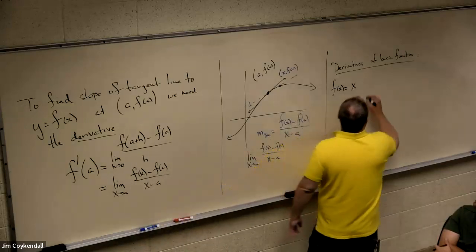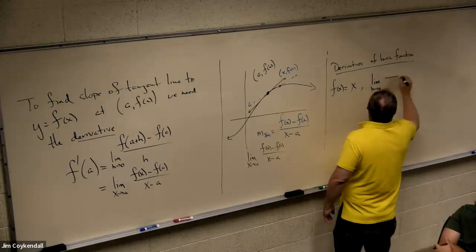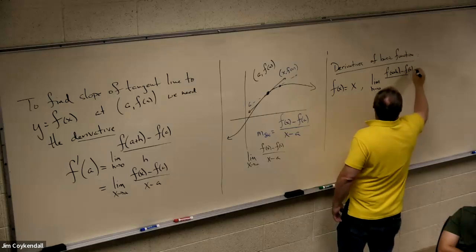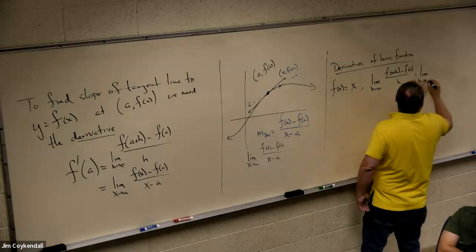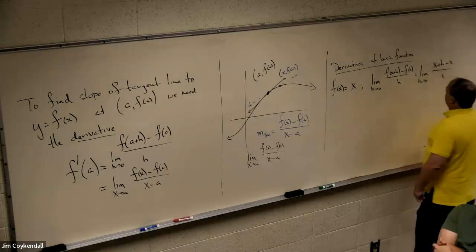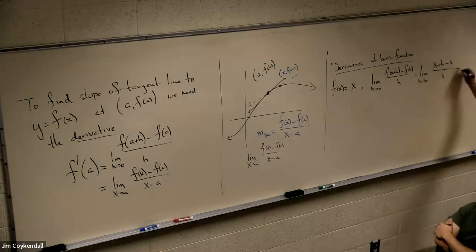Okay, so we do this, and then as h goes to 0, of f of x plus h minus f of x over h, which is that.